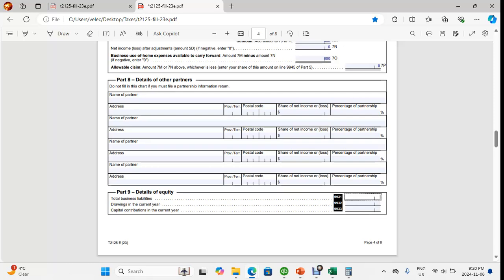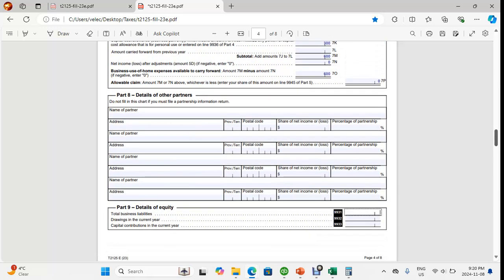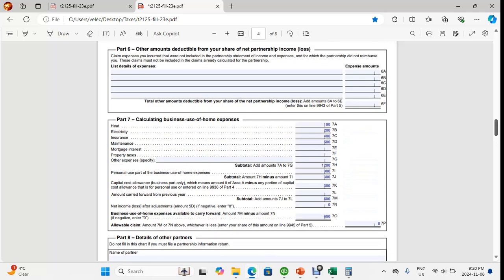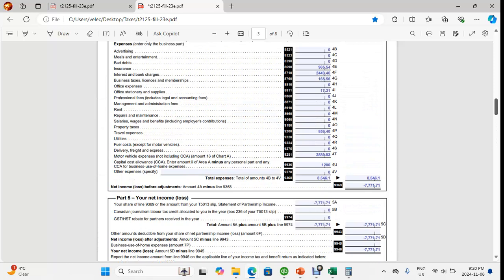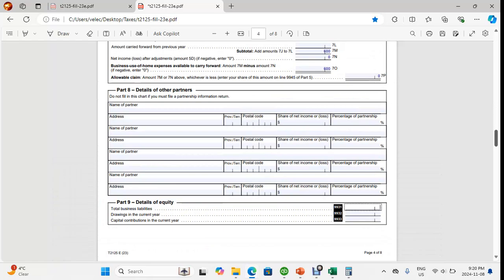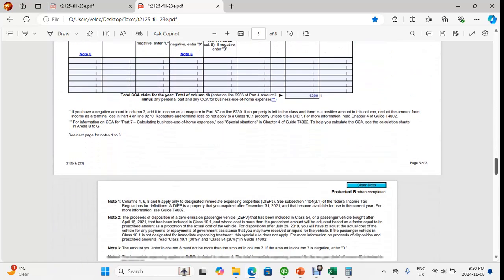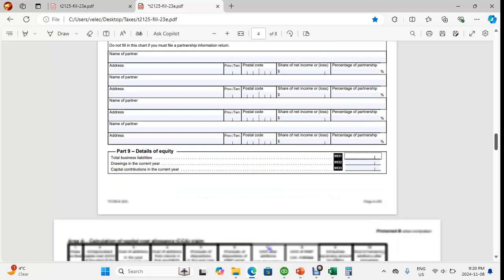So let's say your total business liabilities, line 9931, has to do with what you owe in liabilities.